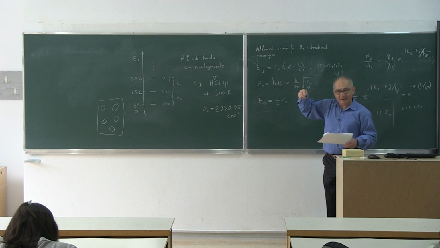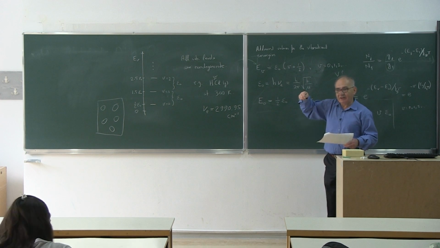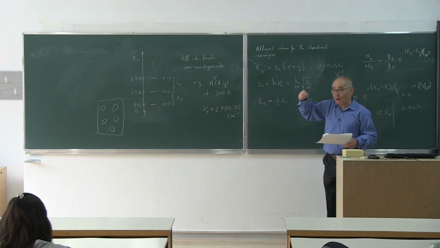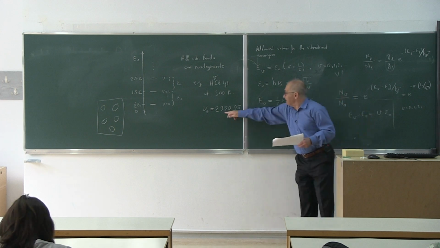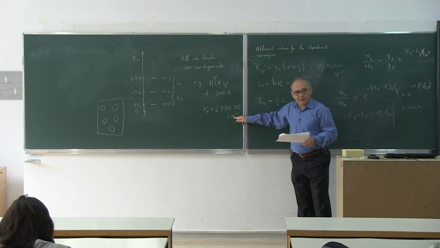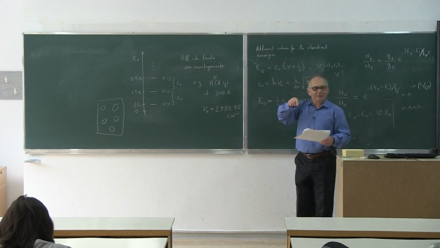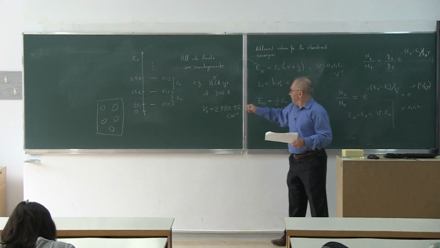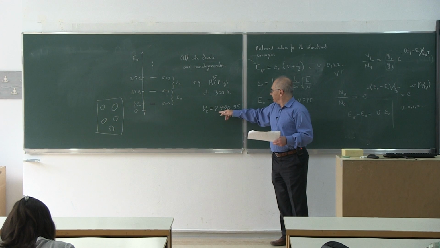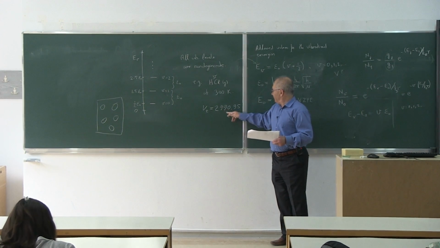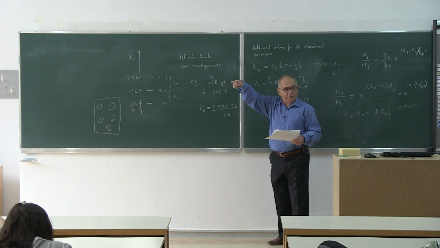What is the unit in SI? The SI unit for frequency is hertz. But the data is given in wave number. So you should remember the conversion factors. What was the conversion factor from wave number to frequency in hertz?